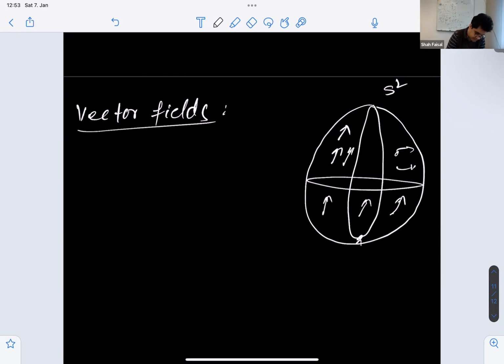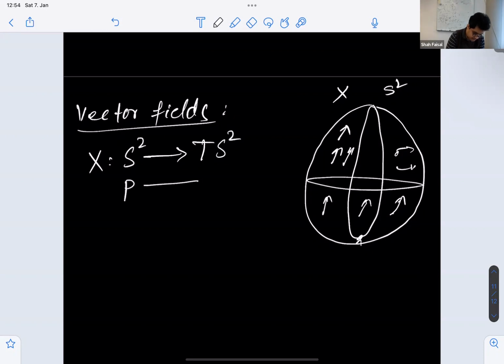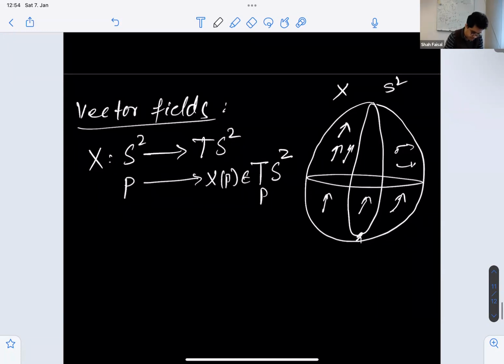If this is a vector field X, you can think of it as a map from the sphere to the tangent bundle of the sphere. Take a point P in S2 and it gives you a vector X of P, and that vector lies in the tangent space at the point P. So at each point you get a tangent vector in that tangent space. And this map has to be smooth, so you get a smooth vector field.